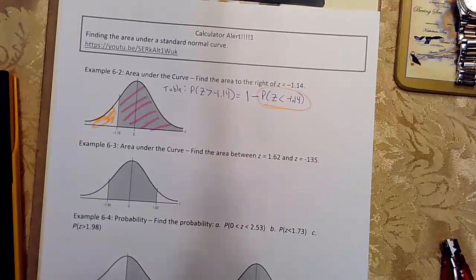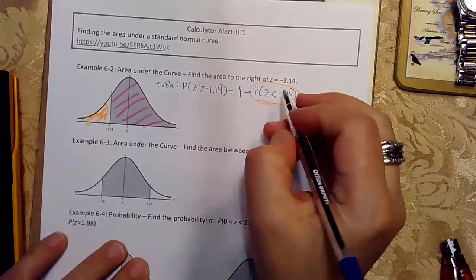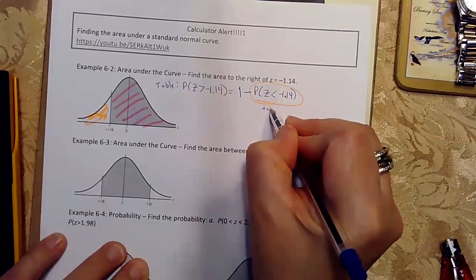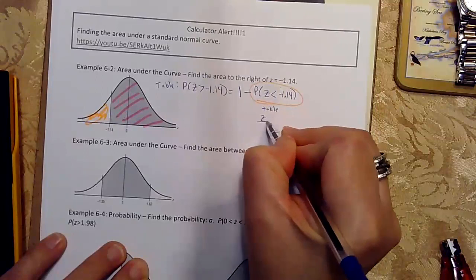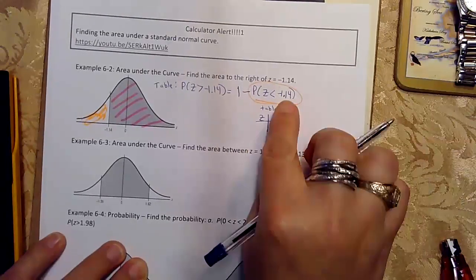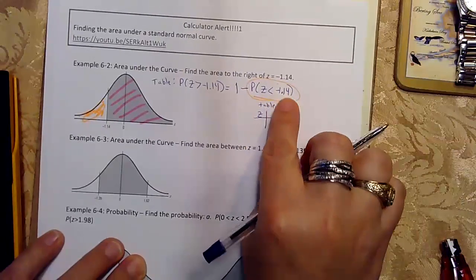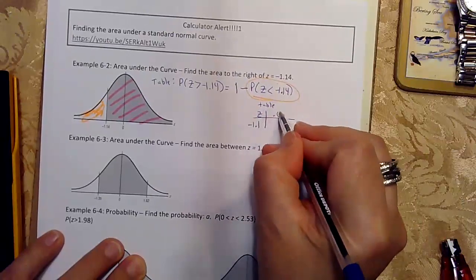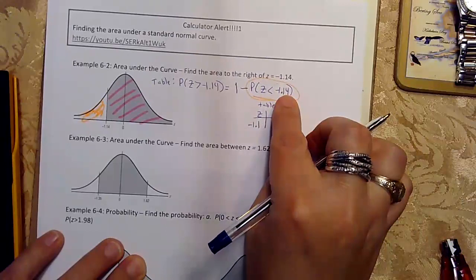And so then on the table, you have z. Remember the first two digits, negative 1.1. And then remember this is 0.0, and then you record the last digit, which is 4. Remember?